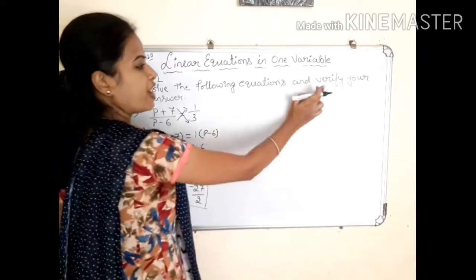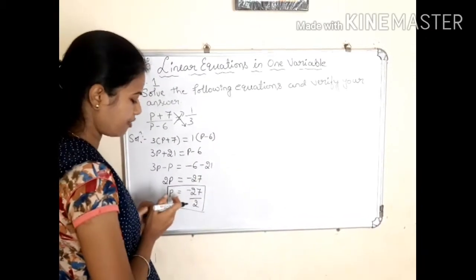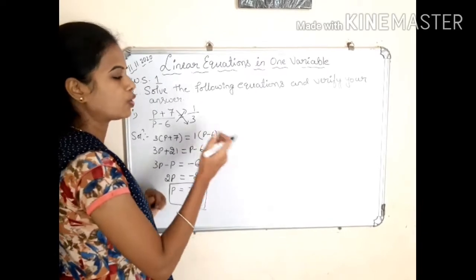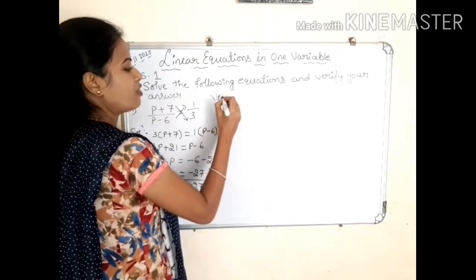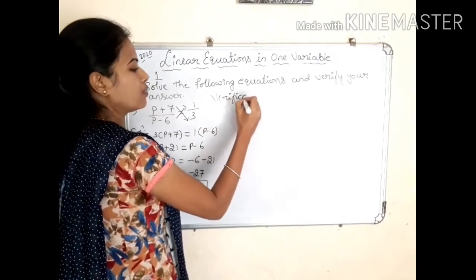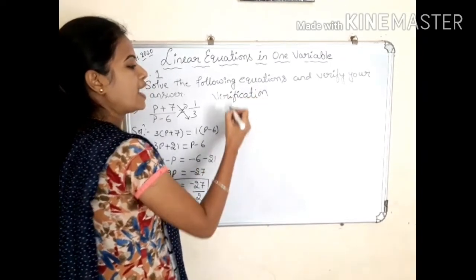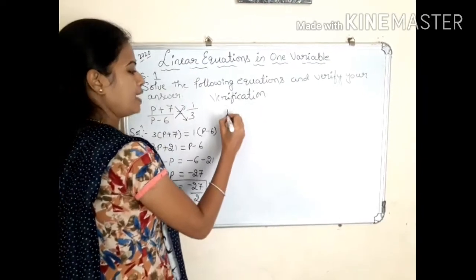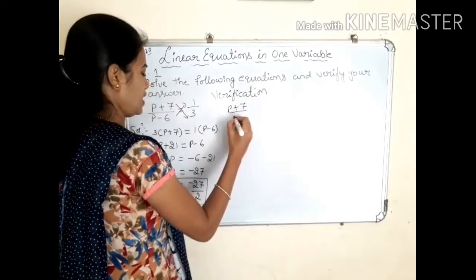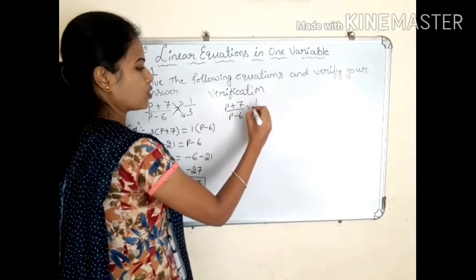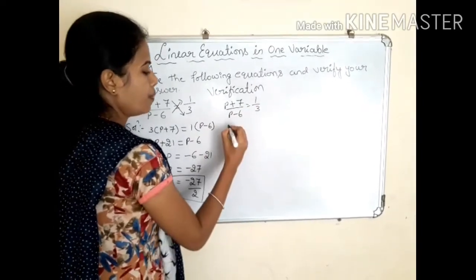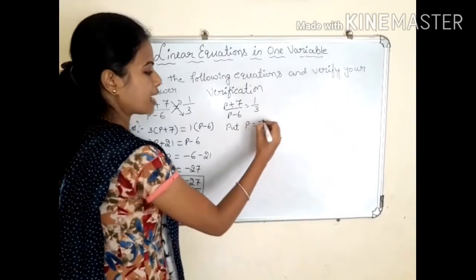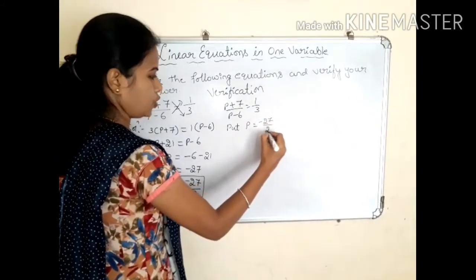Next we have to verify our answer, whether p value minus 27 by 2 is correct or not. Next write down verification. While doing the verification, write the question as it is: (p + 7)/(p - 6) = 1/3. Put the p value we got here, minus 27 by 2.